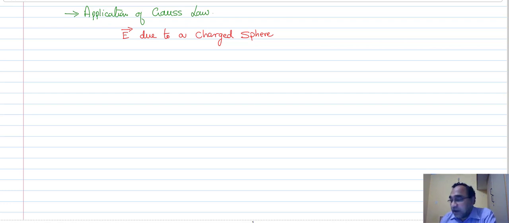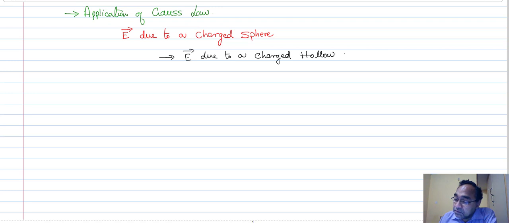Now when we talk of a charged sphere, this sphere can be a hollow sphere, it can be a solid sphere. So first of all, I am taking E due to a charged hollow sphere. Now, once again we need to use Gauss law.